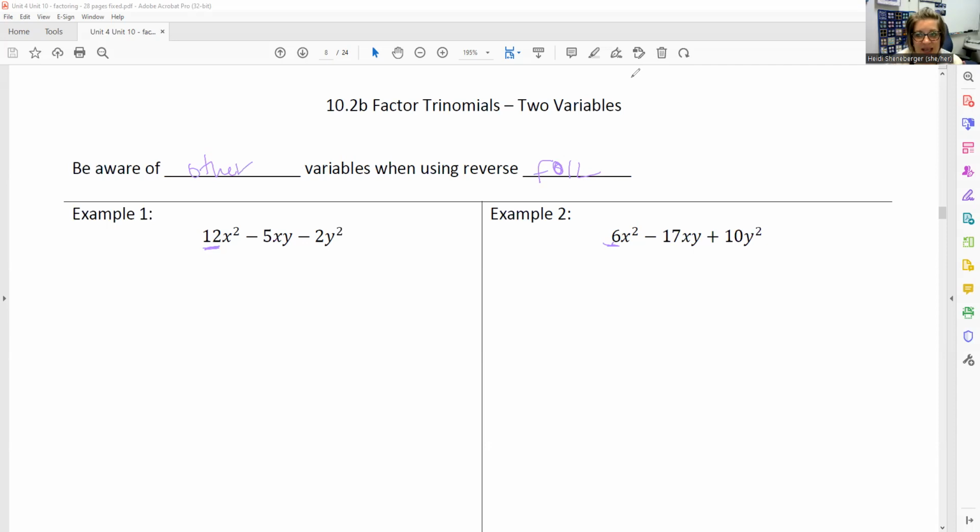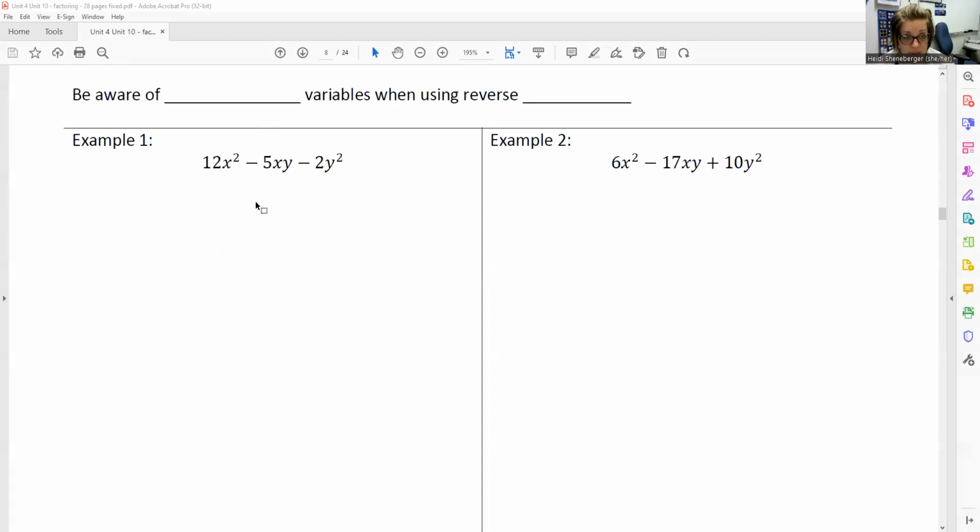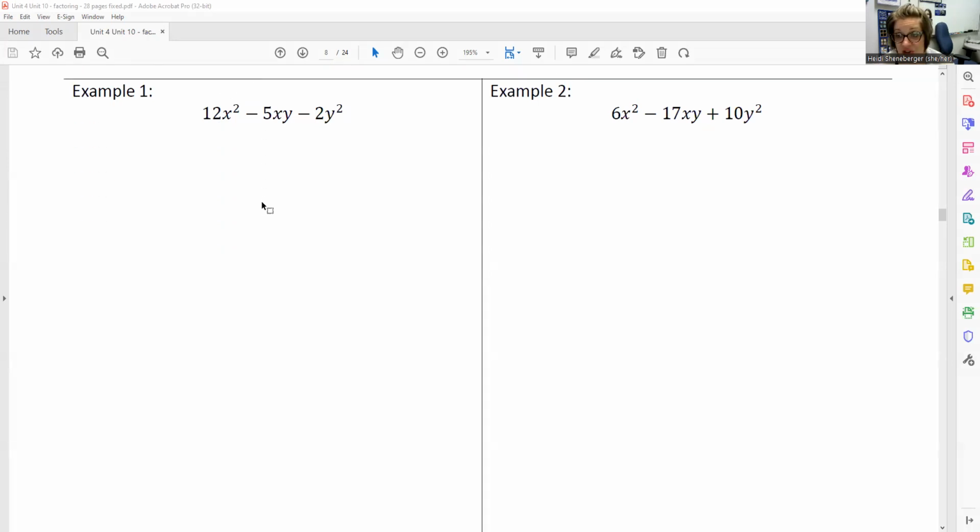But in this case, we kind of can't do that because it just gets too messy because of the multiple variables. So we can't group. I'm really sorry. I like to group better than trial and error, but we will trial and error and we'll do it and it's going to be fine.